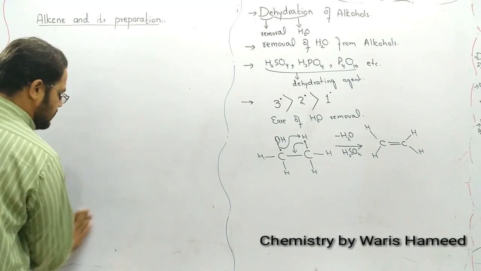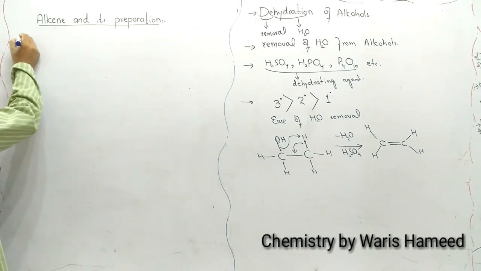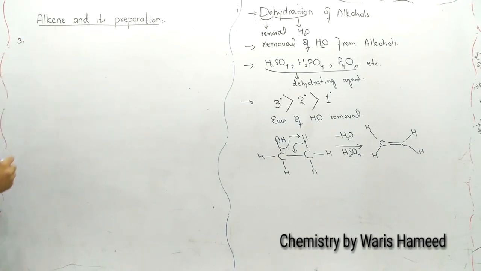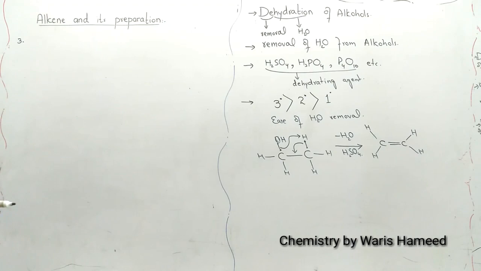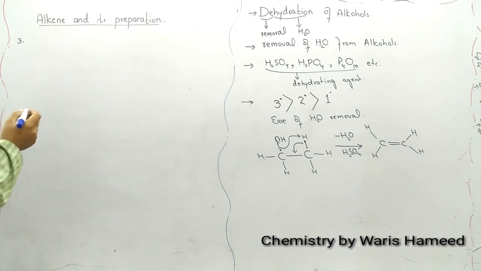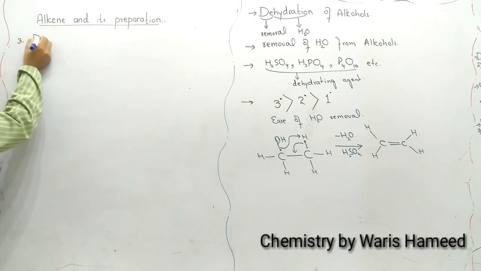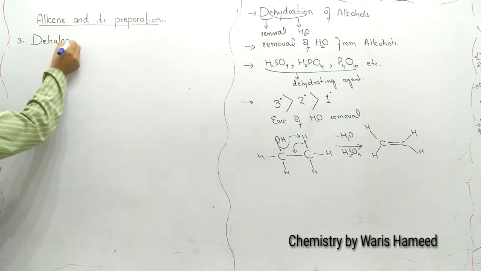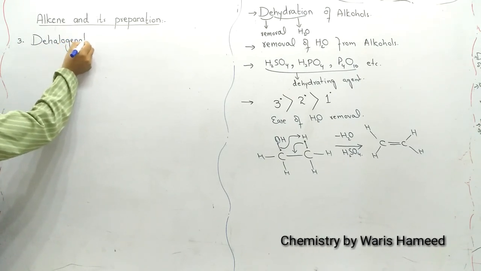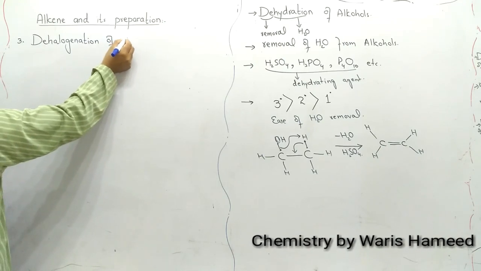The third method of preparation of alkenes is the removal of halogen from vicinal dihalide, and this reaction is named dehalogenation of vicinal dihalides.